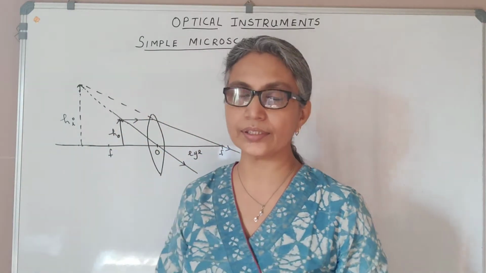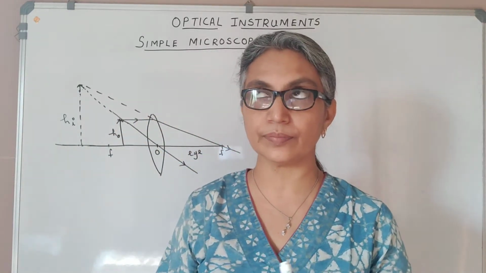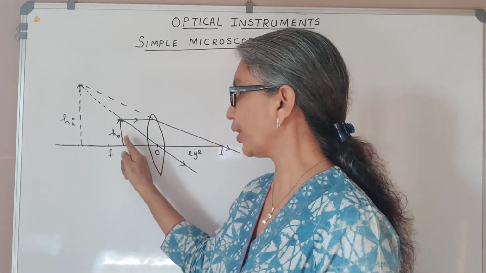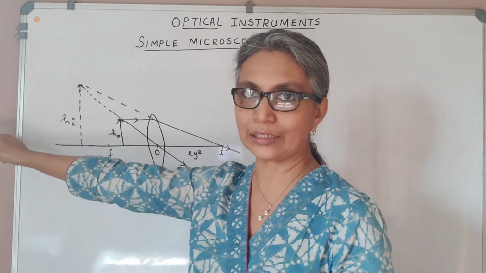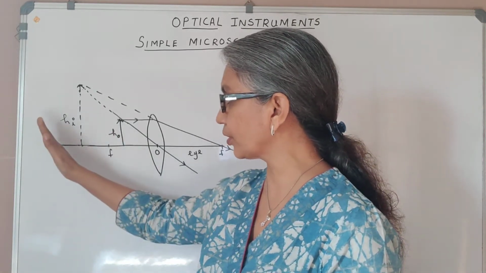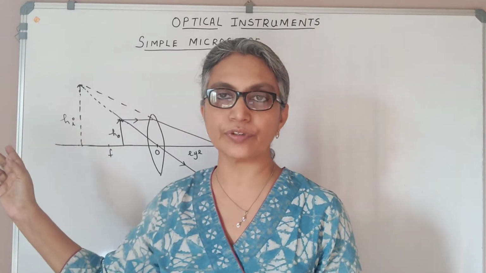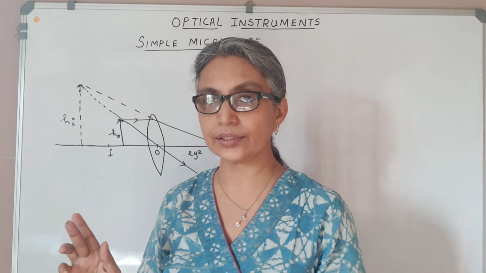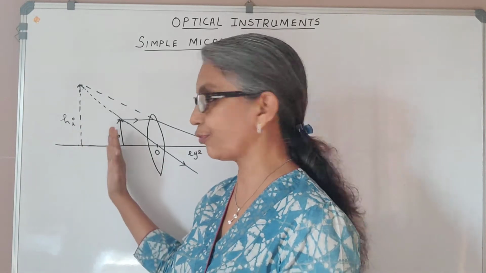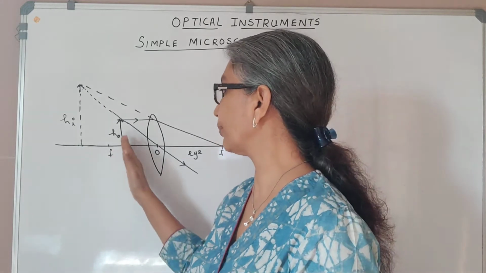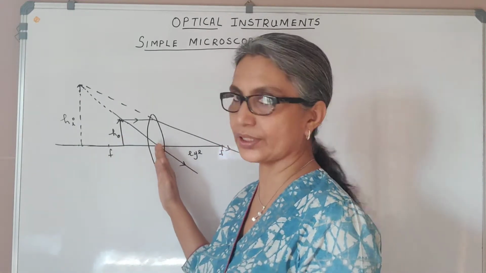Now, for the convex lens, in 10th standard you have learned ray diagrams for 6 positions of the object. Initially you keep the object at infinity, then you bring it closer: just beyond C, then at C, then between F and C, then at F, and finally between the focal length and the optic center.